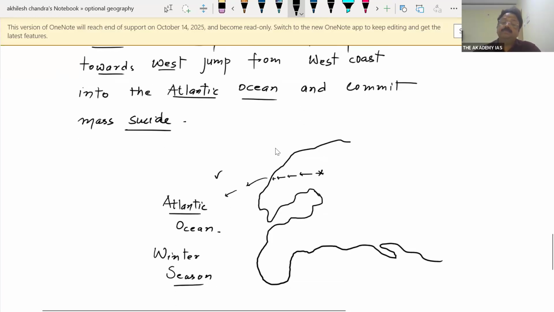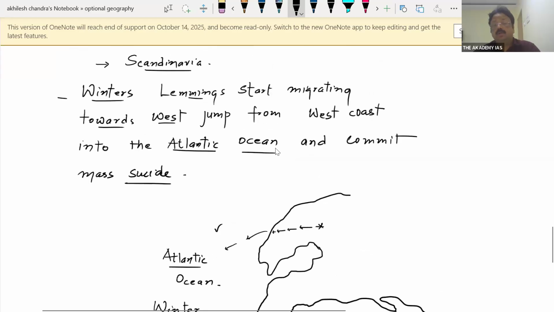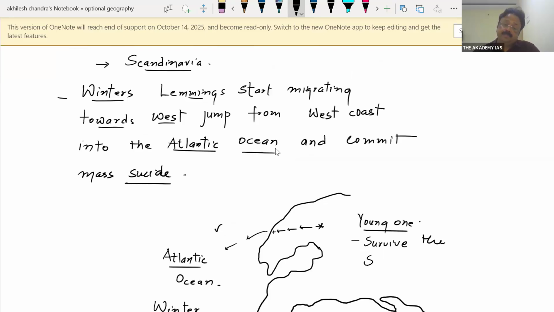It was thought that the lemmings are showing austerity, and for their young ones, they leave their young ones and migrate towards west, and they die over there so that they survive the scarcity of food, especially in winter season.